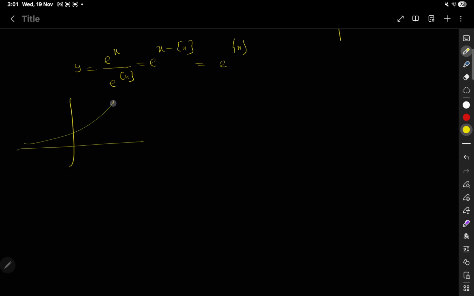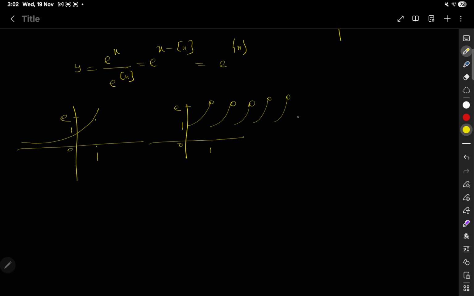Draw the graph of e raised to x, 0 to 1 you take, then 0 to 1 graph is like this. This graph at 0 it is 1, at 1 it is e, but e is not obtained. So this graph you repeat. Okay, this is the graph. Okay, so I hope it's clear.